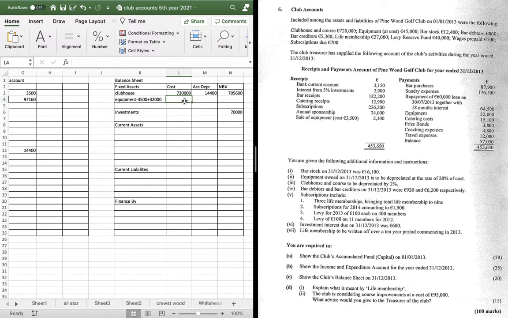So it's 45,000 minus 3.5 plus 32. It's 361,500. Then we're going to depreciate that by 20%, so 72.3.